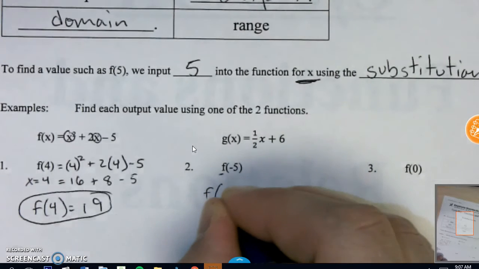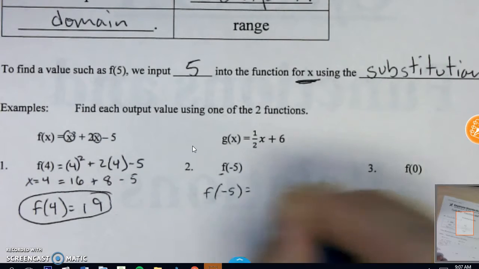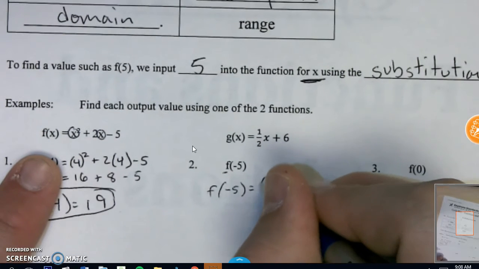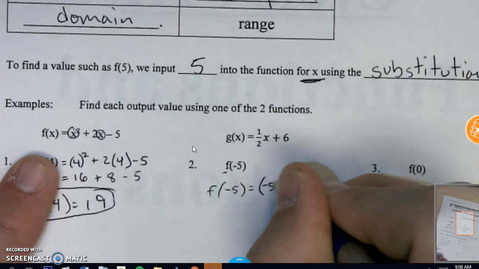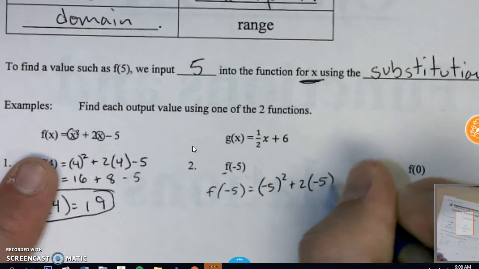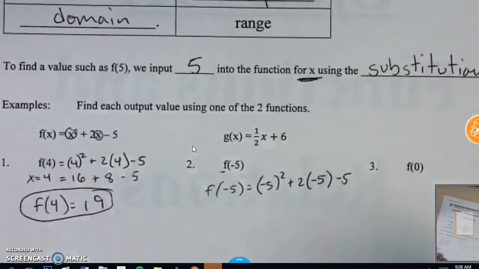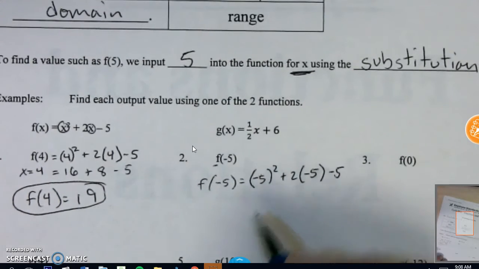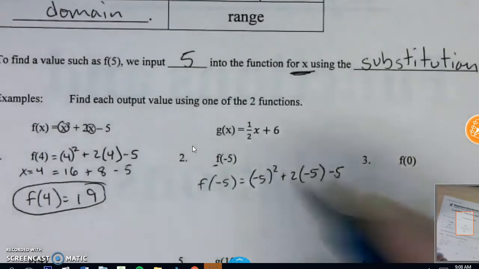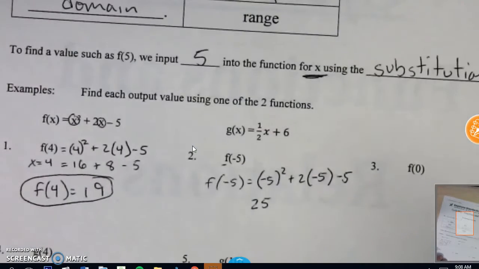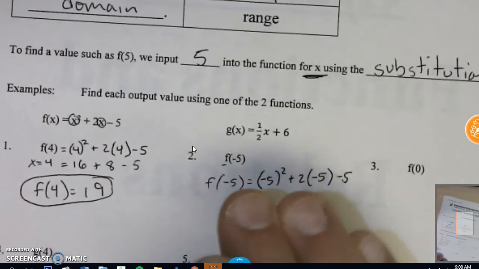So f of negative 5 is equal to, I'm sorry, I just did it again, parentheses, negative 5 squared plus 2 times parentheses, negative 5 minus 5. So we're going to go ahead and evaluate. Negative 5 squared is really like saying negative 5 times negative 5, which is a positive 25. If you do it in your calculator and forget the parentheses, it will give you a negative 25 in return.